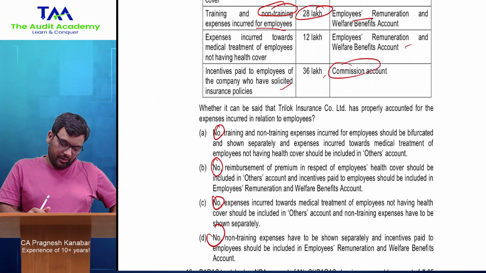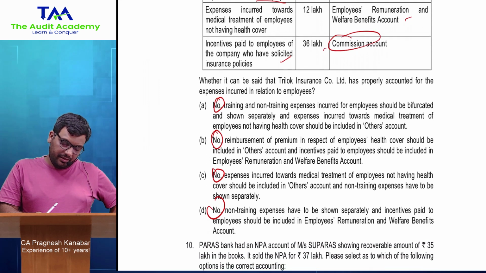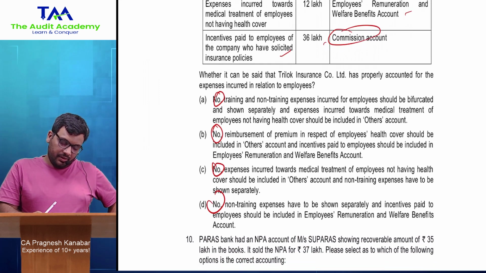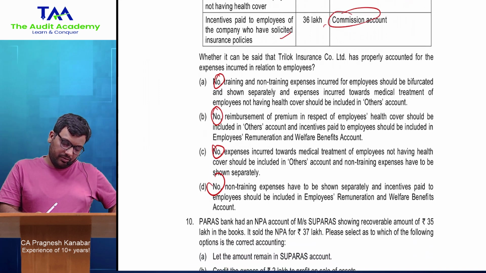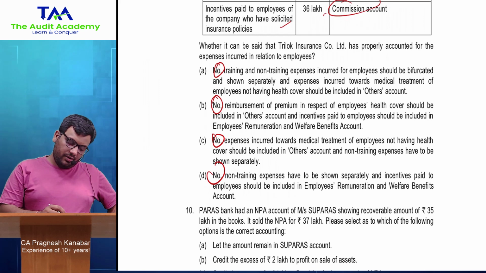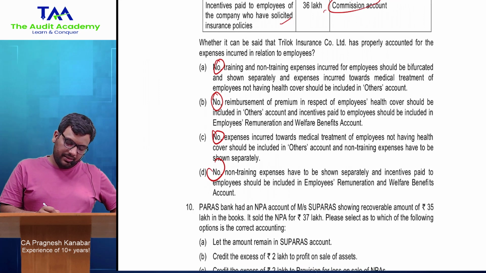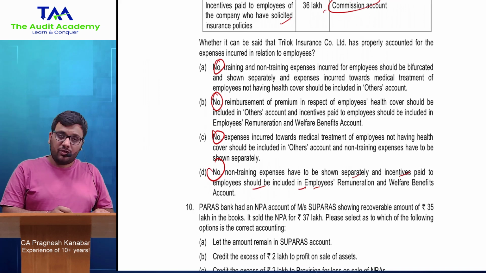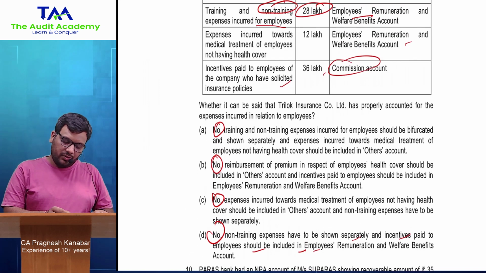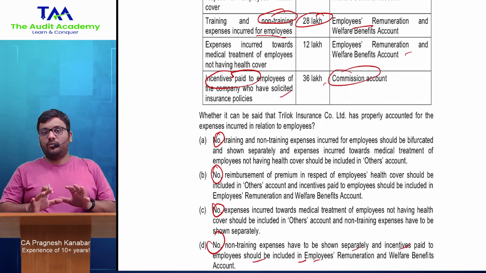Nah. Expenses incurred towards medical treatment of employees not having health cover should be included in others account, and non-training expenses have to be shown separately. Non-training expenses have to be shown separately, and incentives paid to employees should be included. This is right, that incentives paid to employees should be in employees remuneration account, and non-training should be excluded. So they have covered both our major points.